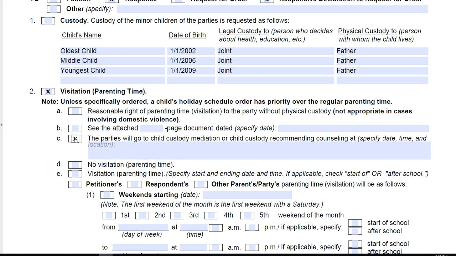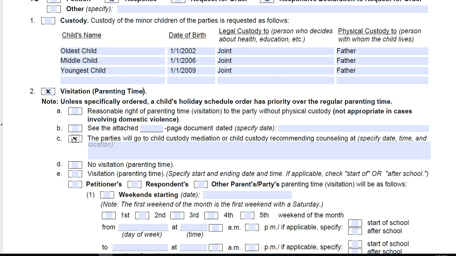Okay, number C, or letter C. So when you go to court here for an issue regarding custody and visitation, you will be referred to the court mediator. You will have a session with the mediator and then a return to court afterwards to find out if there was an agreement.